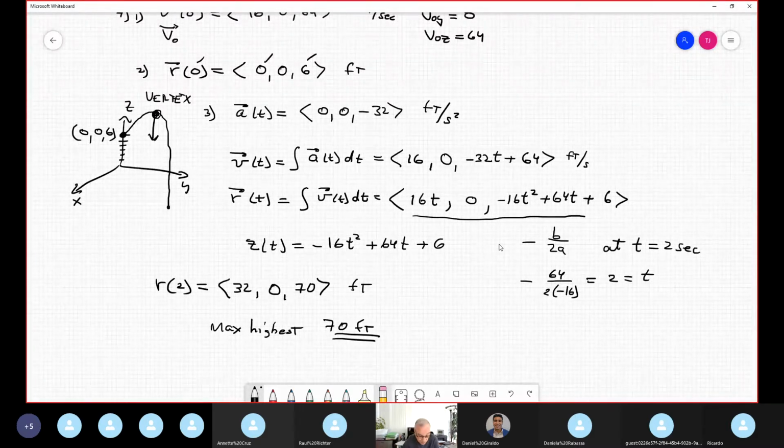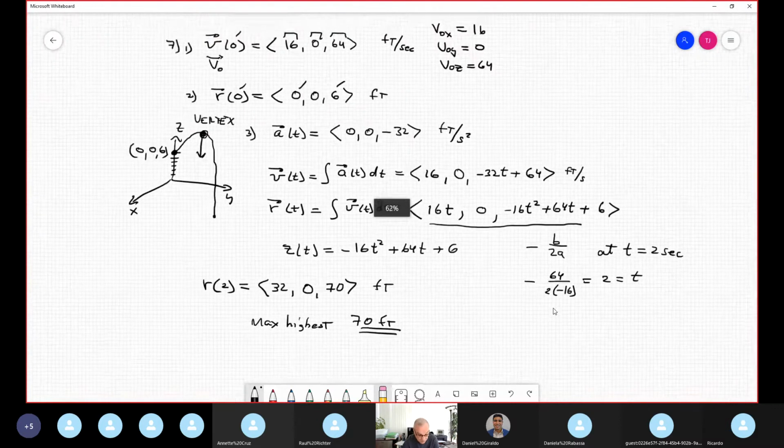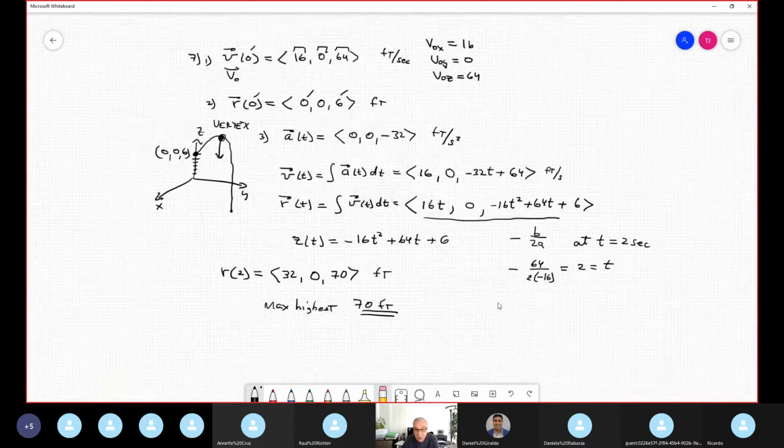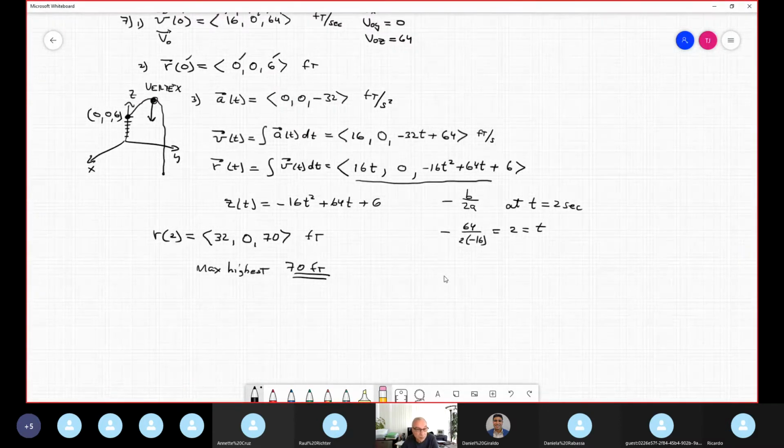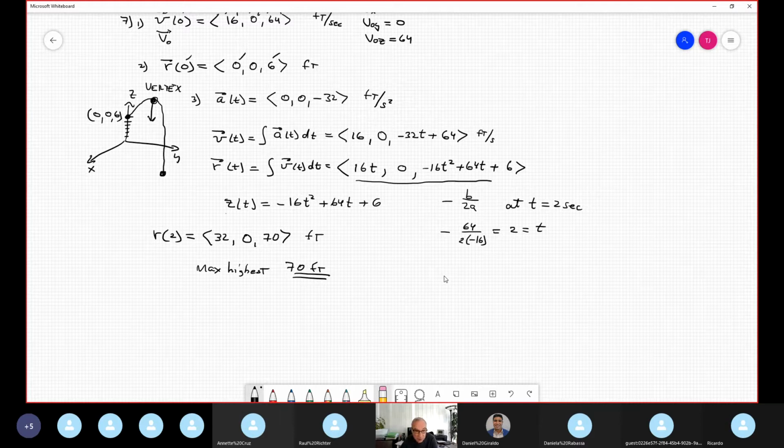Okay. Now what about range? Bueno, range is when the rock hits the ground. And when the rock hits the ground is when the z is 0. So I need to investigate when this expression gets 0, this expression should be 0.